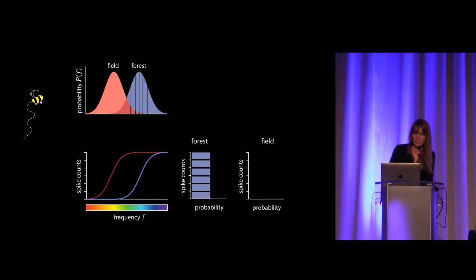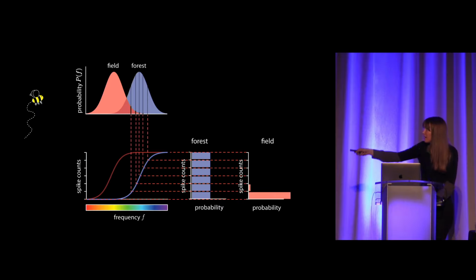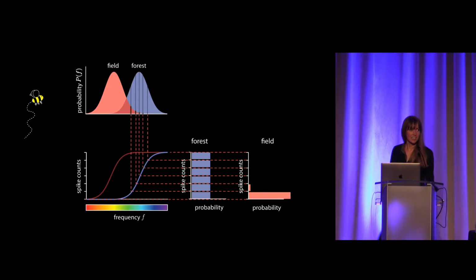If we do that, what we see is that a bulk of this distribution gets mapped onto just a single spike count. So this distribution over here has very low entropy. Essentially, we lose all of the information that we might have formerly had about distinguishing different frequencies if we use the wrong detector.